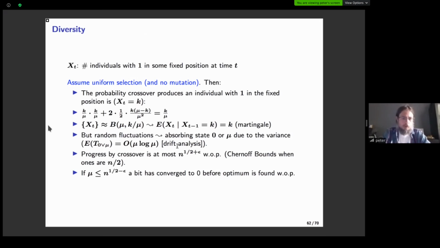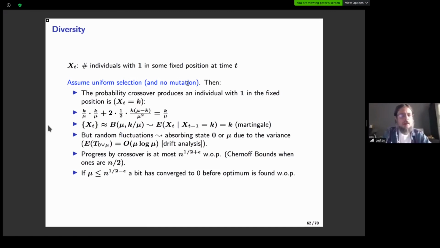And given that crossover can do at most square root of n progress in each step, if mu is not too large, in the order of square root of n, then one bit would have converged before the optimum is found. And if we assume now that we haven't got mutation, the algorithm will be stuck forever.